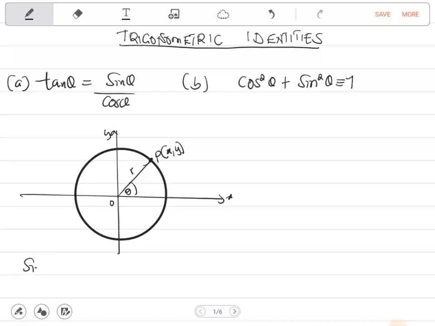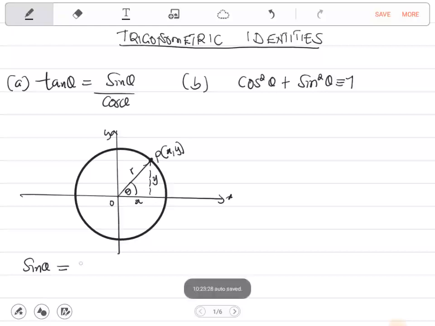So from here we know that sine theta is equal to what? Opposite over hypotenuse, right? Opposite is this side here, which is just y itself, because this side is y and this side is x.